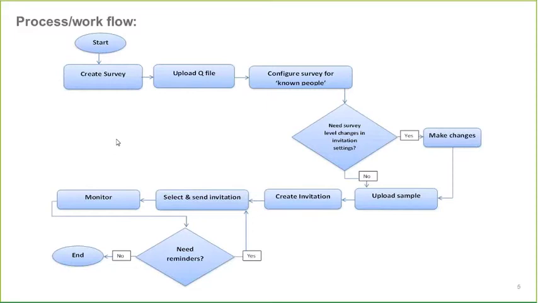The flow starts from the left and moves sequentially from left to right in the upper section, and it goes from right to left towards the end in the lower section. So there are approximately 8 steps needed, right from survey creation to invitation status monitoring.